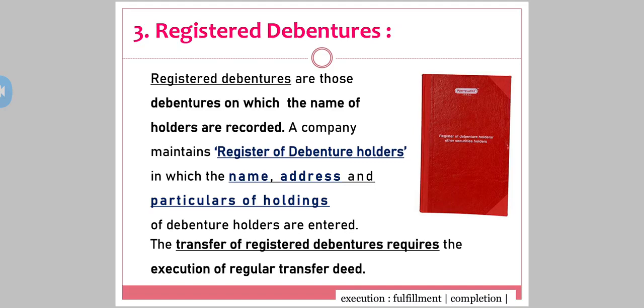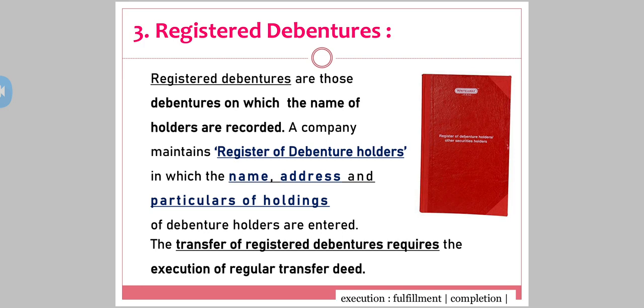We have seen this in the feature as transferability. So yes, you have to fill a form that this debenture was under my name, but now I want to transfer this registered debenture to someone else. So yes, here is the name of the other person to whom I want to transfer my debentures. So the person who wants to transfer the registered debentures has to go through a transfer deed.